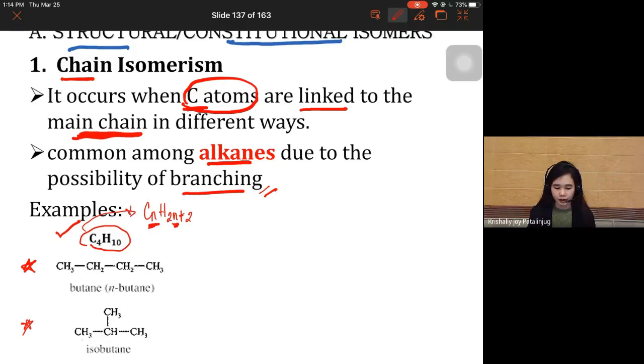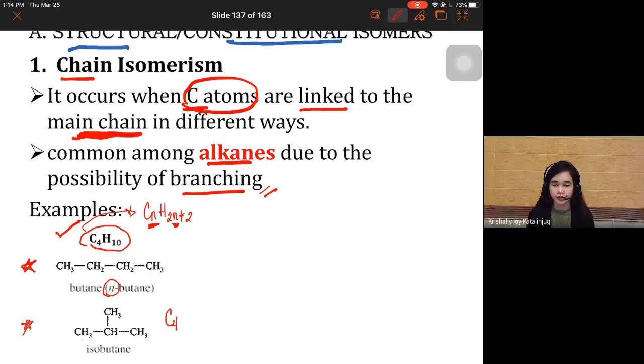Diba? Ito, yung first structure, normal butane. Yung N dyan, that is normal butane, meaning yung carbon atoms are simply connected in a row, okay, in a straight row. So, normal butane. Whereas, on the second molecule, it also contains 4 carbons.